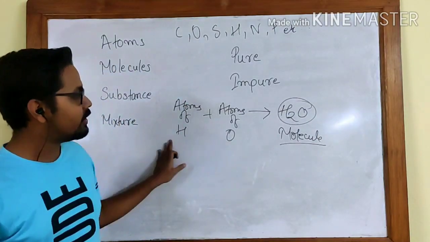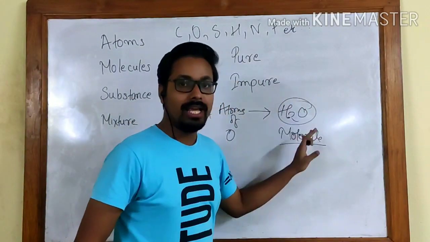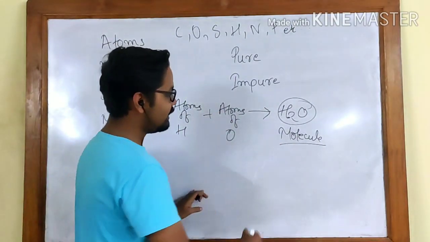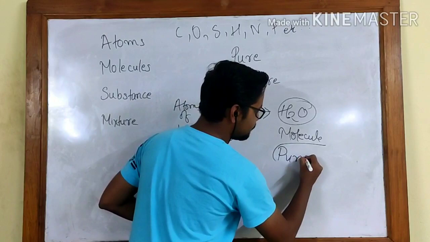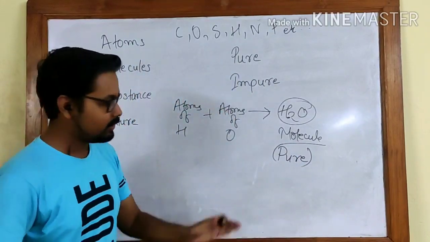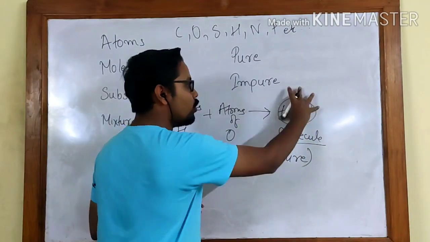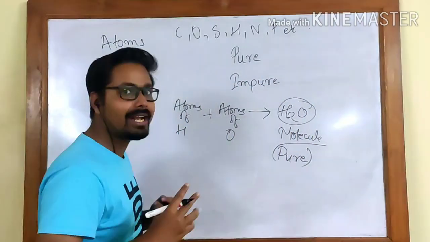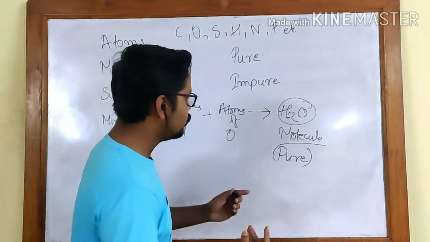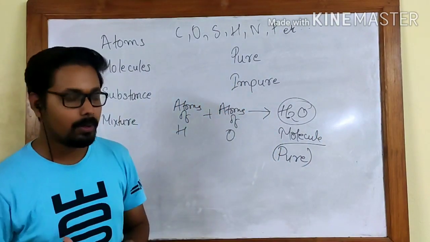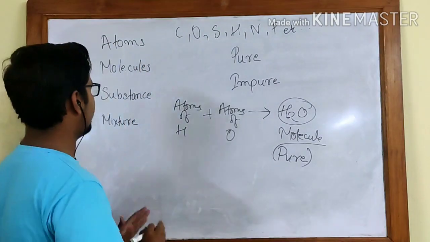Atoms of two different elements will give us one molecule, and this molecule is a pure compound. Okay, we'll be going step by step. This molecule contains only water. We don't have anything else mixed in water. So that is why this molecule is called a pure compound or pure molecule.